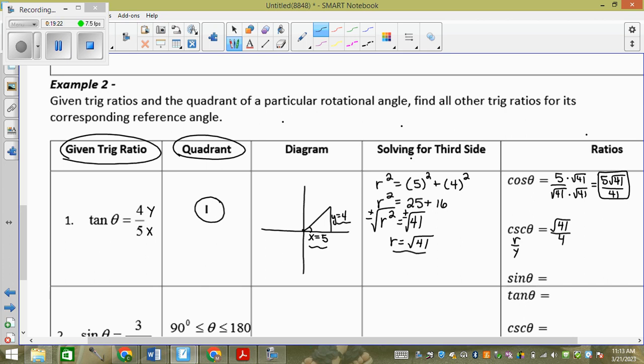And then sine, your resume, so C split, 4 over root 41, and then I rationalize. So I get 4 root 41 over 41. Yeah? Okay.